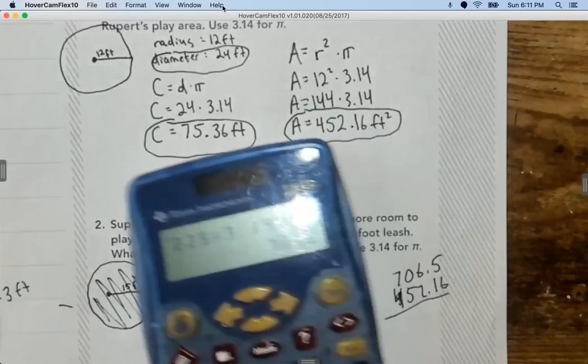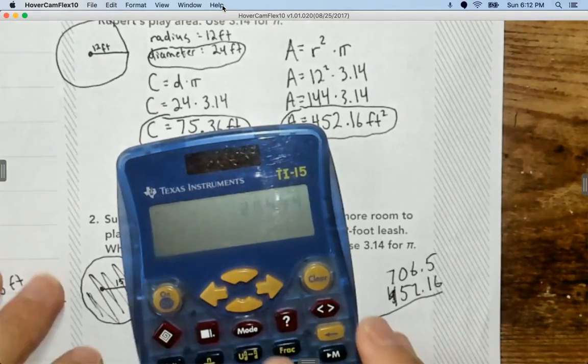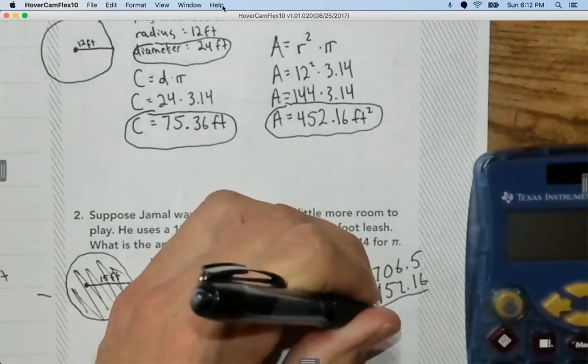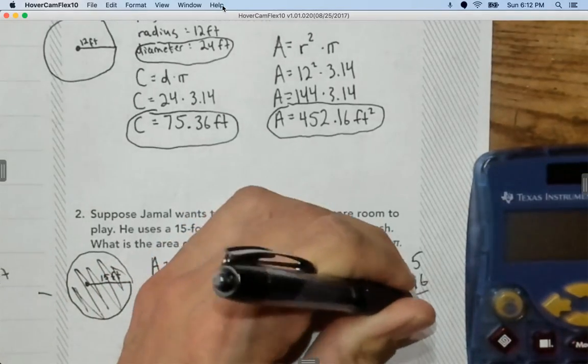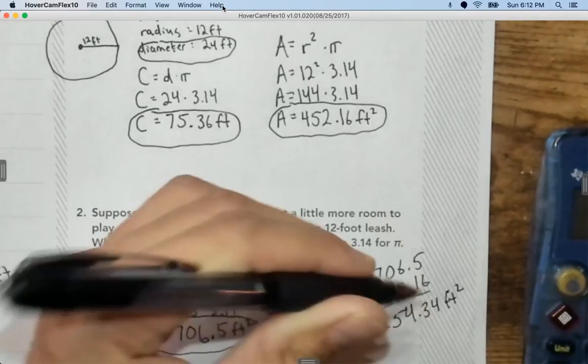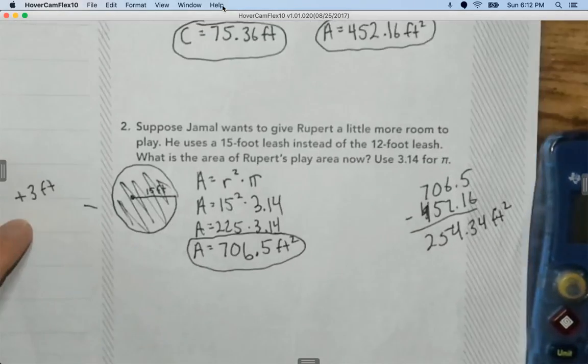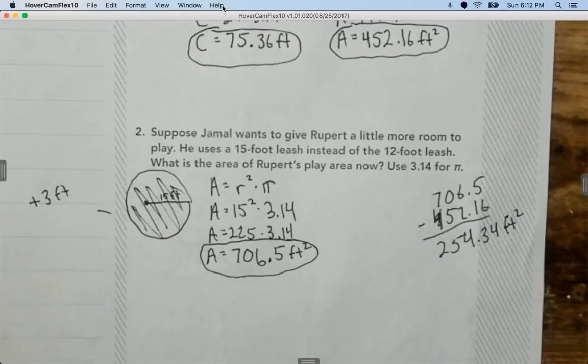Holy cow. And you get 254.34 square feet of area. So that's a lot more area for young Rupert by just adding 3 feet. So area is affected a lot, about 4 times as much by addition in the radius.